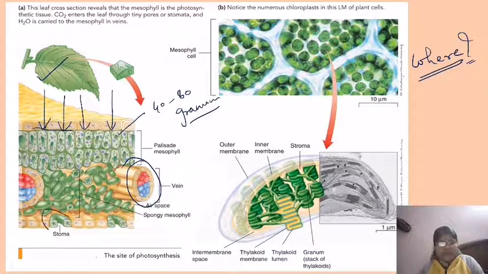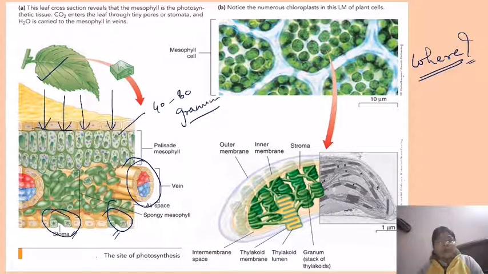And thirdly is your stomata. You can see here, this is the stomata, and this is the place where the exchange of gases is taking place. And if you see, this is your dicot plant, and mostly the stomata will be located on the lower surface of your leaf, because if they are present on the upper surface, then they are going to desiccate, they are going to dry up, because there will be a lot of loss of water.